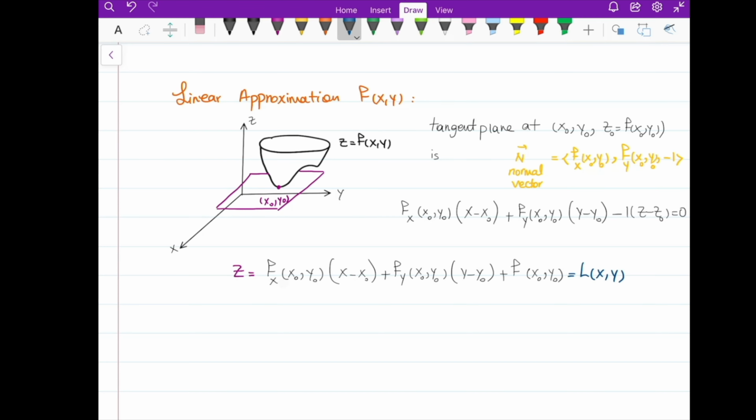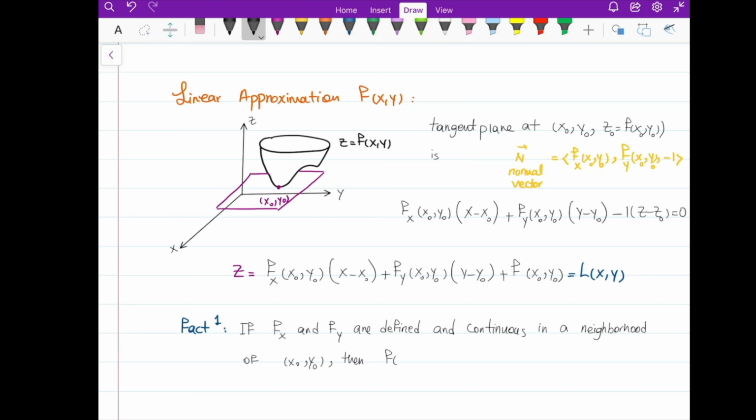Okay, there are two facts that I would like to state. Fact one is that if fx and fy both are defined, they exist, and they're continuous in a neighborhood of x naught and y naught, then f of x and y is differentiable at the point x naught and y naught.